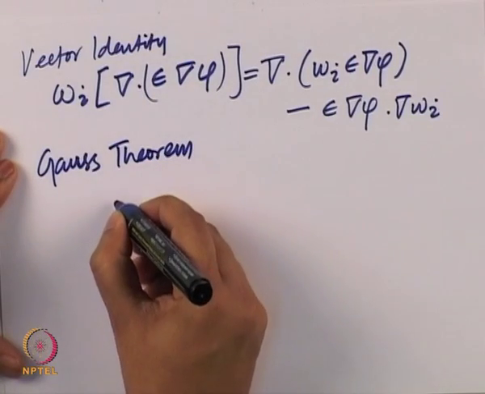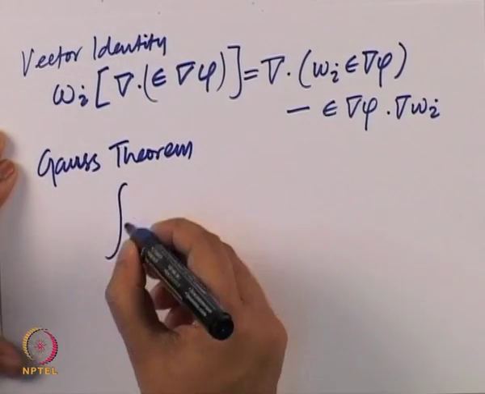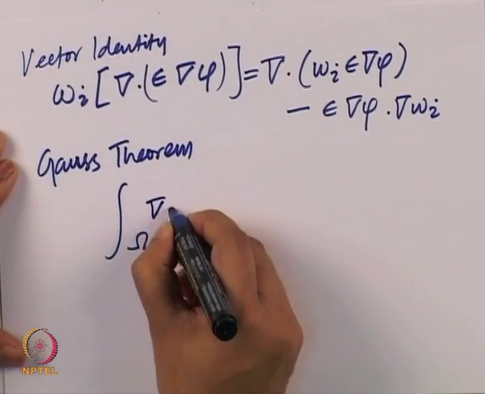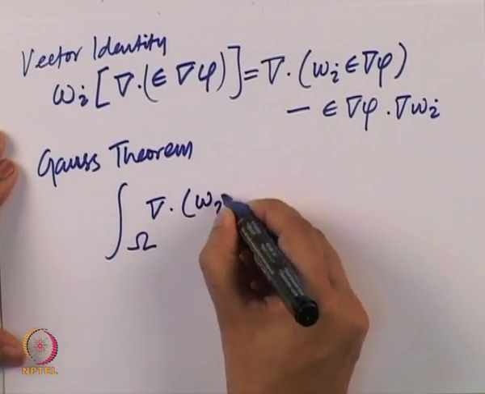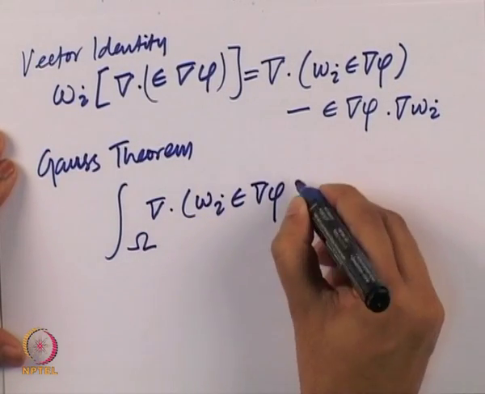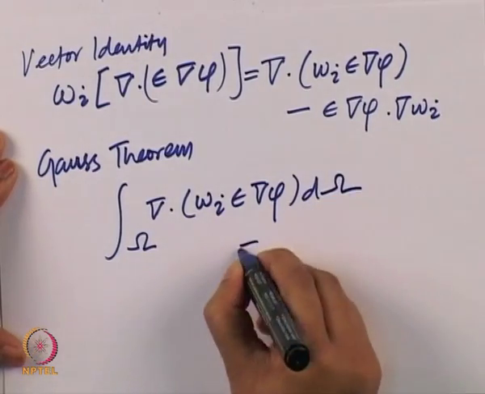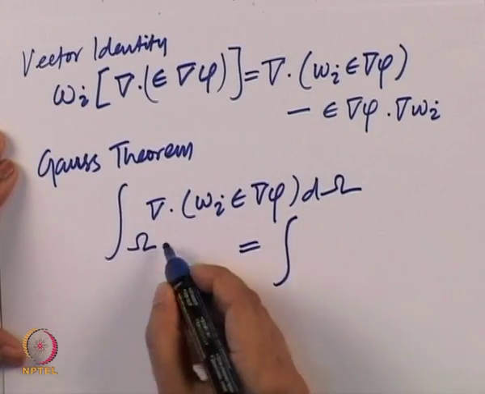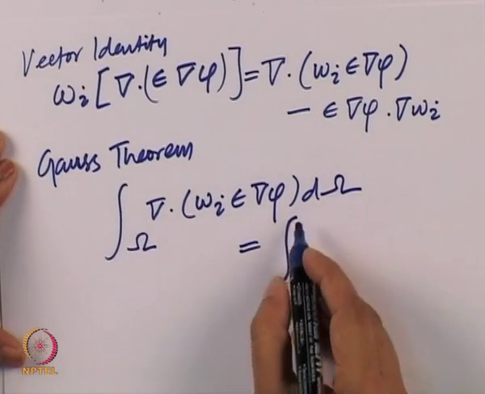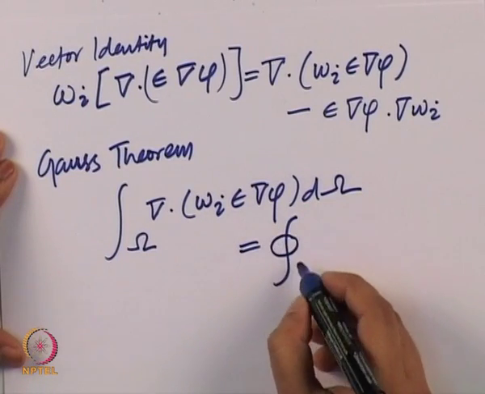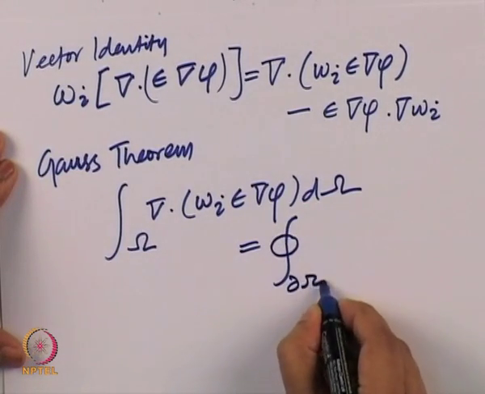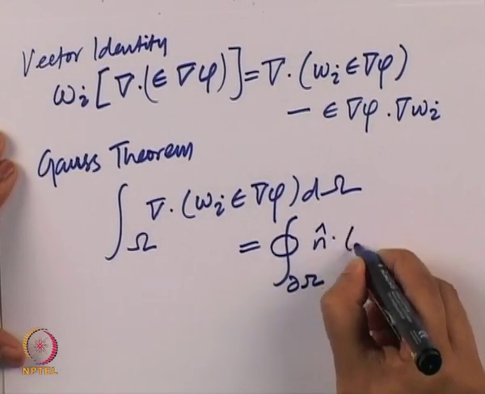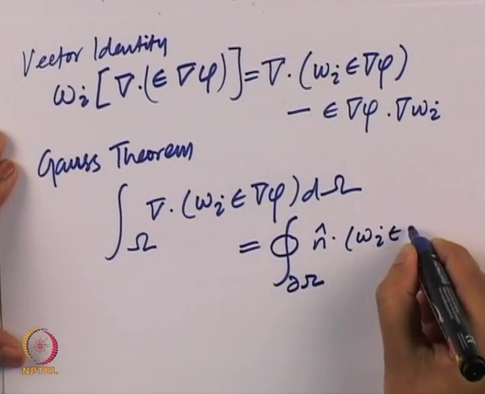The Gauss theorem is basically saying the surface integral of the divergence of omega I epsilon phi is equal to, so when I have a surface integral over that particular surface, it is going to be the boundary of the surface, which I am going to write as the normal component of the value of the field that we are going to compute.